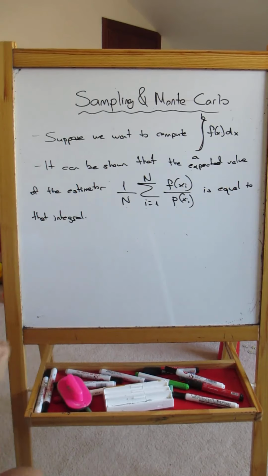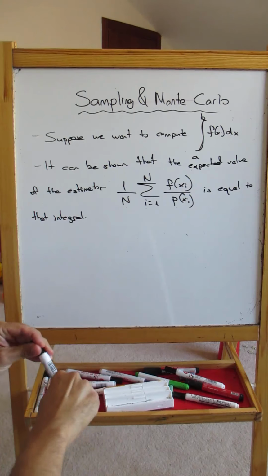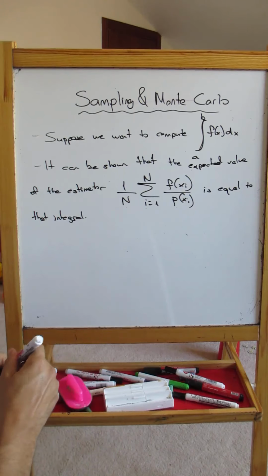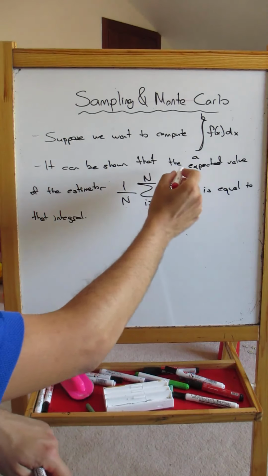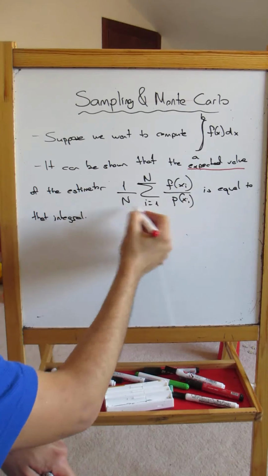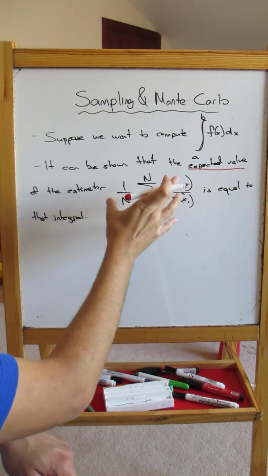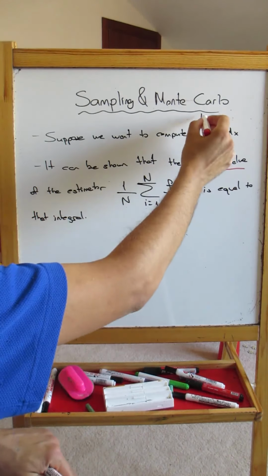integral. Okay, so I would like to draw your attention to a couple of things here. Seems like a simple definition, but we need to be careful. It can be shown that the expected value of this estimator, not this directly, is equal to this integral.